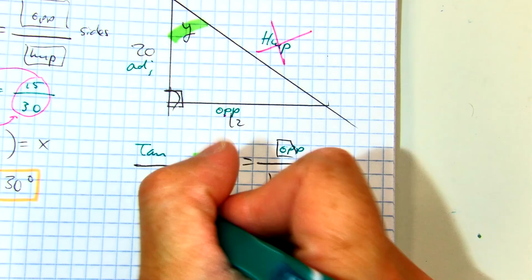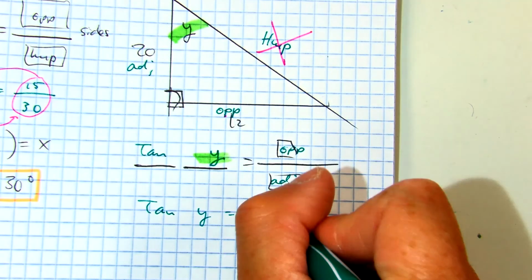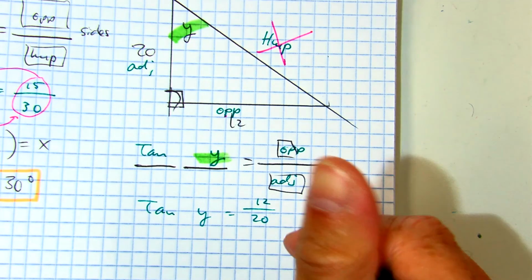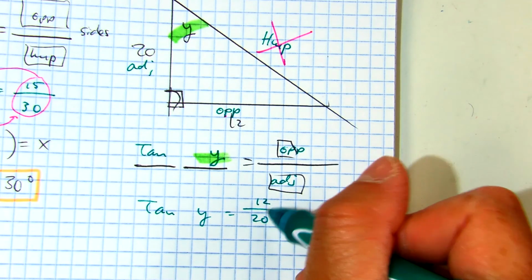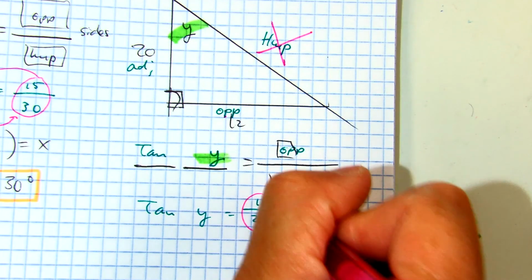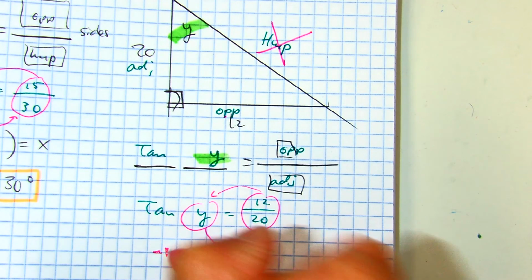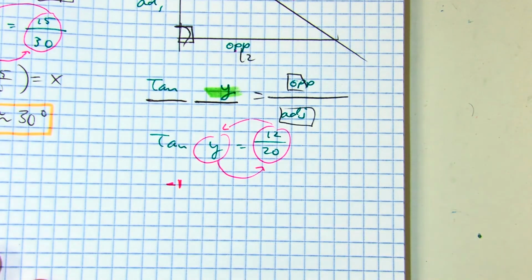So I have tangent of y equals 12 over 20. You don't have to reduce here because this is going to turn into a decimal and your calculator can read that. Take the inverse. Inverse means to switch the places. Don't forget to turn on the switch there. That is a symbol for the inverse.